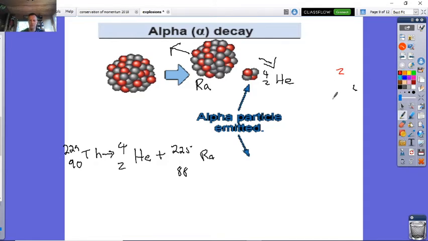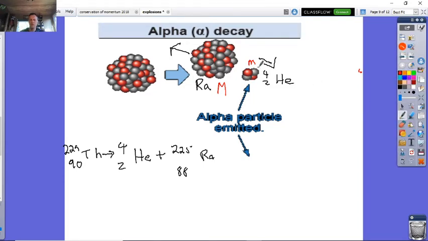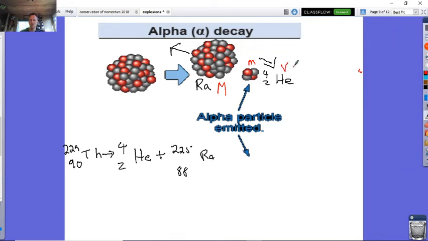This one must have a large mass, and the helium nucleus must have a small mass. Therefore, you've got conservation of momentum happening again, like an explosion. Therefore, when they move away, won't this have a velocity that must be small, and that velocity must be large? Because the momentum going this direction must be equal to the momentum going that direction.